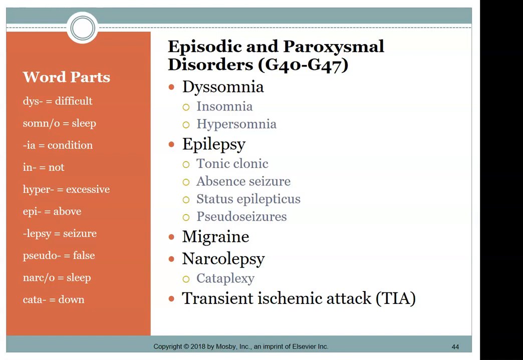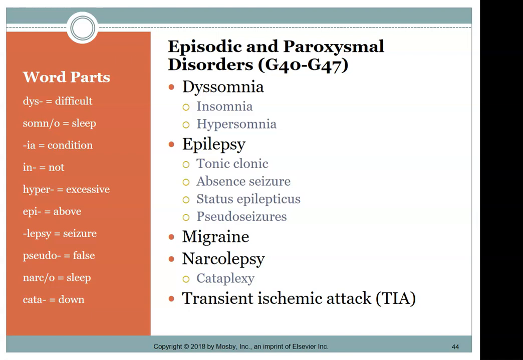Cataplexy is the loss of muscle tone that results in collapse without loss of consciousness. A transient ischemic attack, a TIA, is a temporary ischemia of cerebral tissue due to an occlusion or blockage from a thrombus or an embolus, or as a result of cerebral hemorrhage. Results of TIAs depend on the duration and the location of the ischemia.